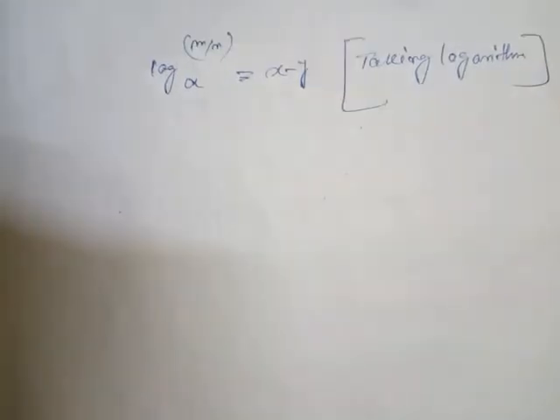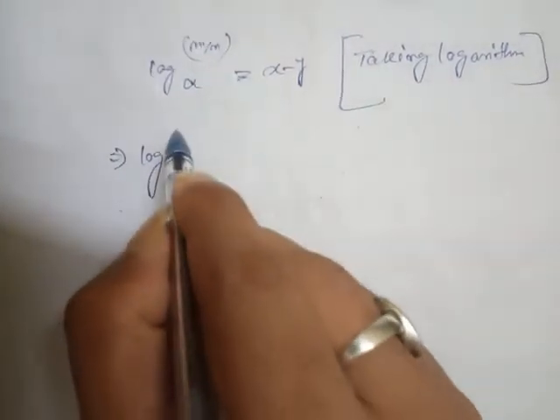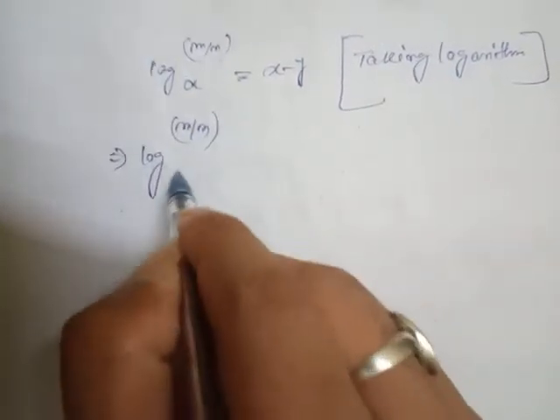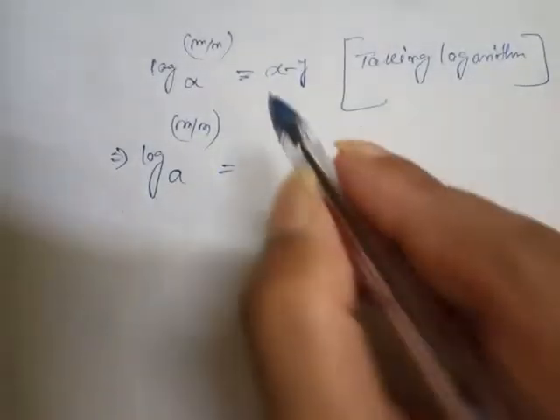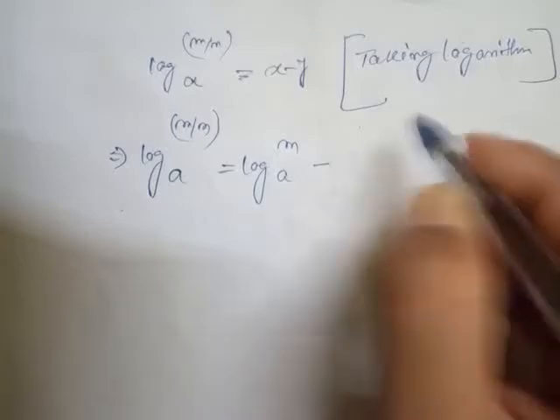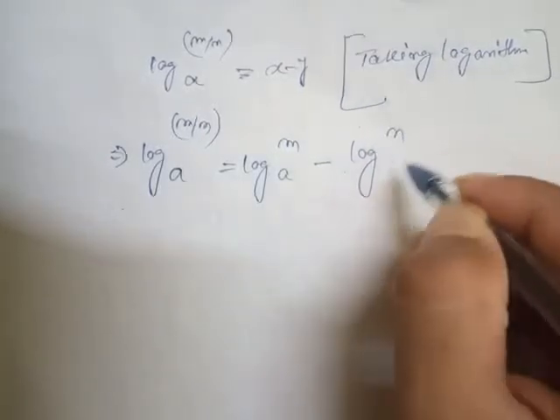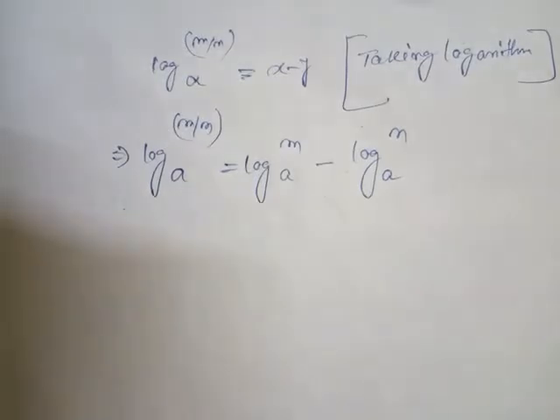Now look student, after that, what is the value of x here? Value of x is log m base a, and log n base a is the value of y.